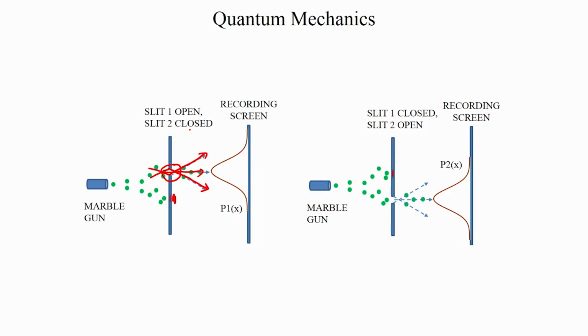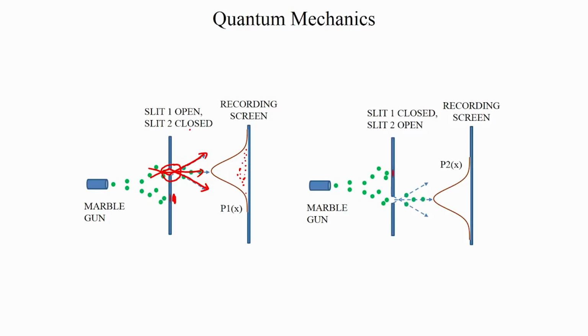What you would expect is that most of the marbles that get through this gap strike the screen at some point here, with a gradual decrease in the probability that a marble impacted the screen at other places. This is what common sense might tell us, and it's a fairly good argument because there is only one entrance to this entire path to the screen.